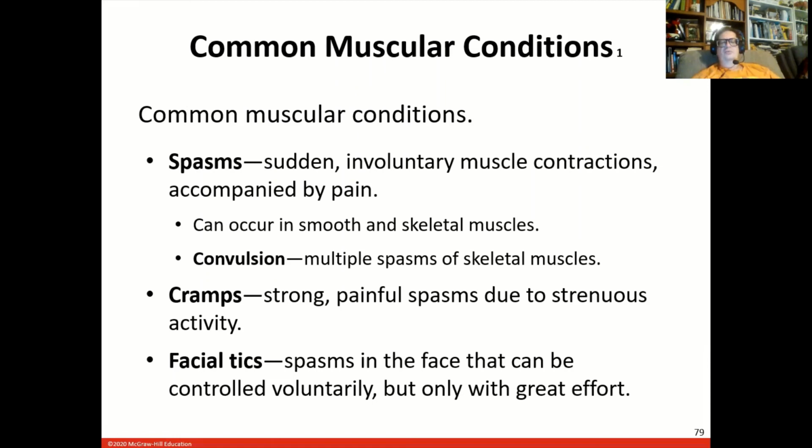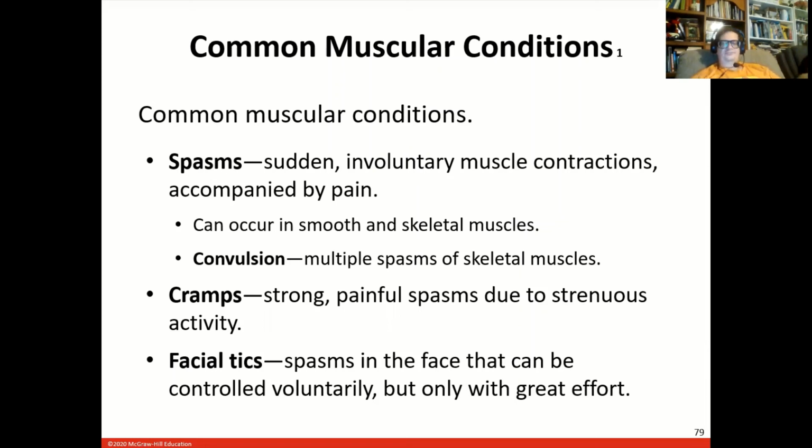So convulsion would be a fancy word for muscle spasms in skeletal muscles. Cramps would be strong, painful muscle spasms, and those usually come, it says, due to strenuous activity. All right, we'll just run with that. There are cramps you can get for other reasons too, though.